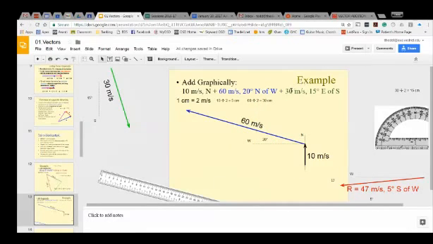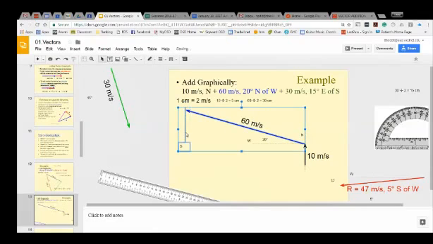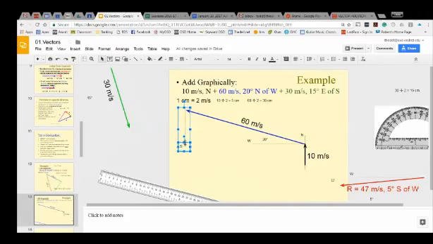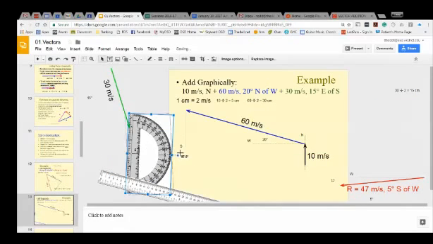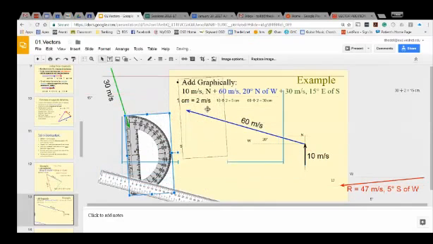All right, my next one is 30 meters per second at 15 degrees east of south. So I start out with my reference line right on the end of my last vector. It's my south line. I then use my protractor to measure a 15-degree angle. I can do that whichever way I want to use my protractor, and put that on the end there.